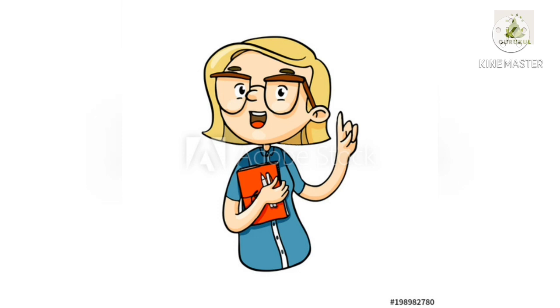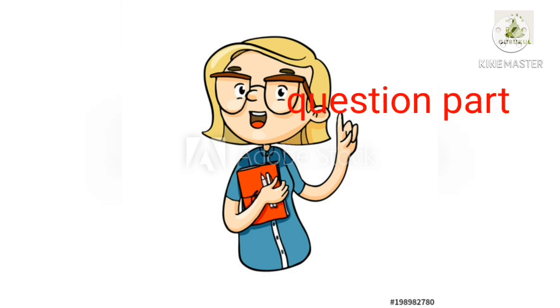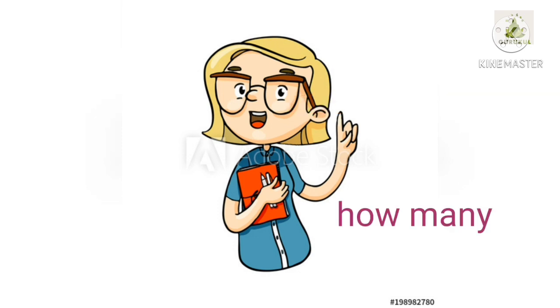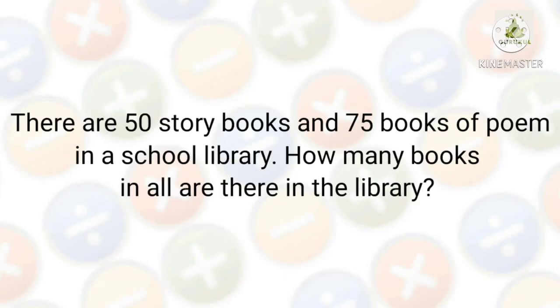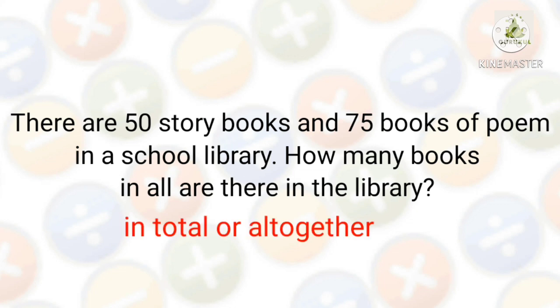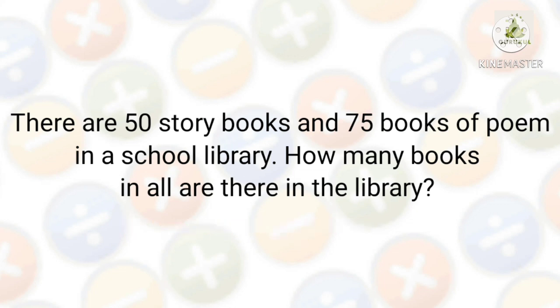Like we saw before this, the question part always starts with how many. So we will use that to write this part. How many books in all are there in the library? Here you can just write how many books in total or all together also.